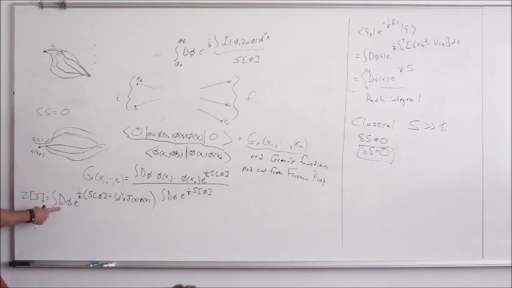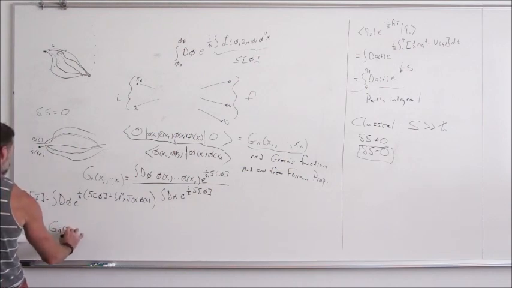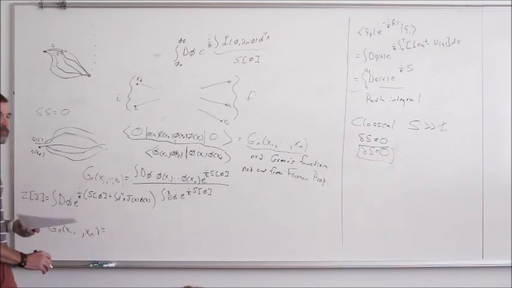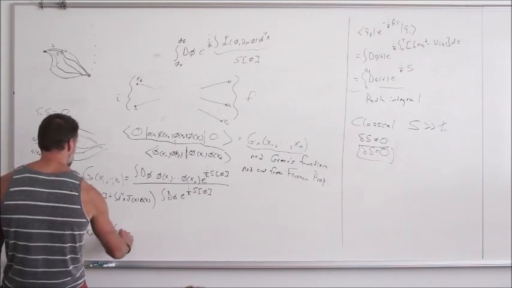But let's just suppose we were savvy enough to be able to calculate this, where this is just some arbitrary function. If we could do that, then it turns out that G_n, that is the n-point function, is given by the following, and this is the punchline.